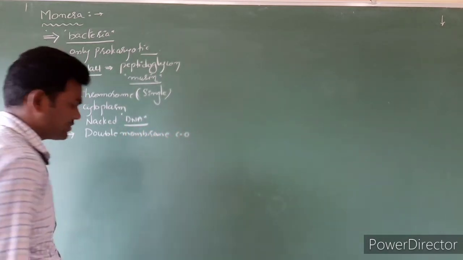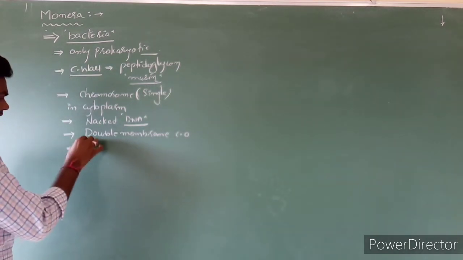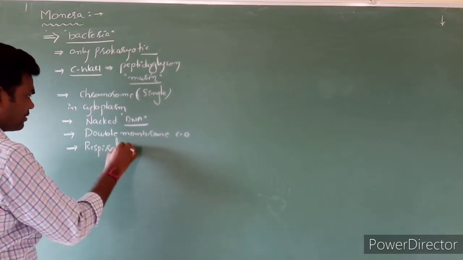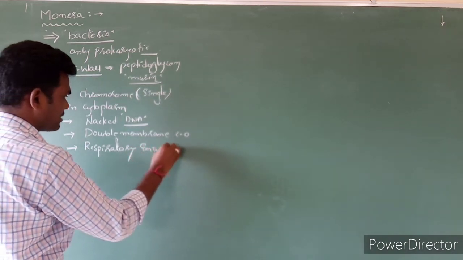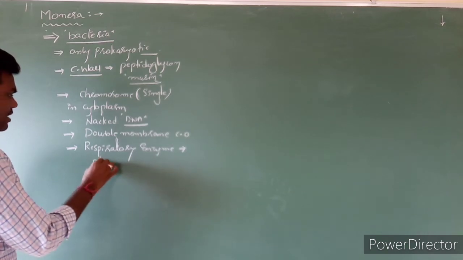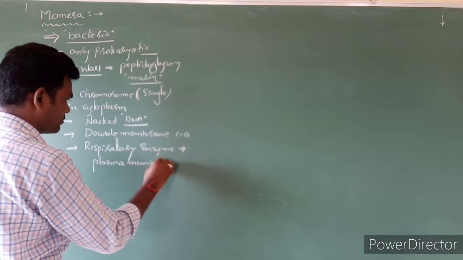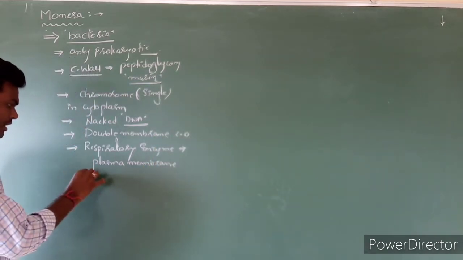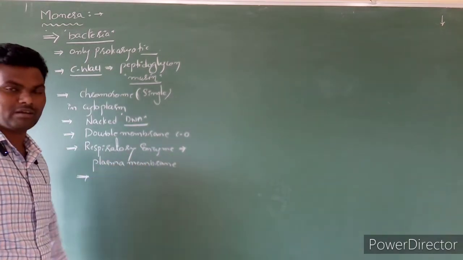One more main feature of Monera is that the double membrane cell organelles are completely absent, and respiratory enzymes are present in the plasma membrane. Generally in eukaryotic organisms, we can observe cytoplasm movement.